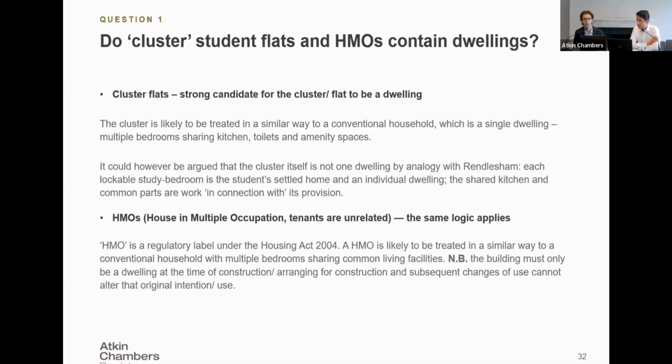Most usually, you would expect a HMO to be considered in a similar way to a conventional household, multiple bedrooms, sharing common living facilities as an entire dwelling. Again, very similar to cluster flats. If necessary, arguments could be made that the individual rooms themselves are dwellings, but it may not be necessary to make that argument.